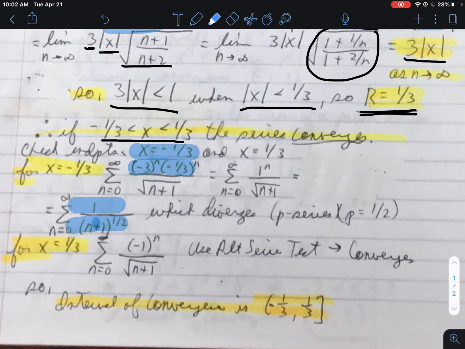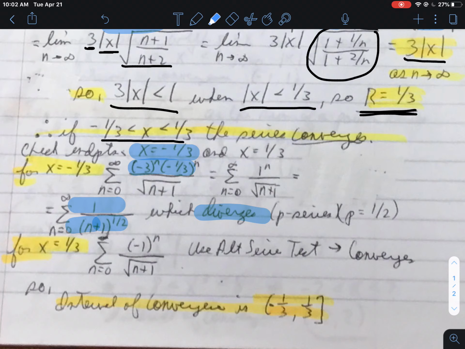Recognize that is a p-series. n to the 1/2, n plus 1 to the 1/2, there's no difference there. But it's a p-series with p equal to 1/2, which we know to be divergent. Remember, your p-series diverges for p-values less than or equal to 1, and converges for p-values greater than 1. So that is a divergent p-series.